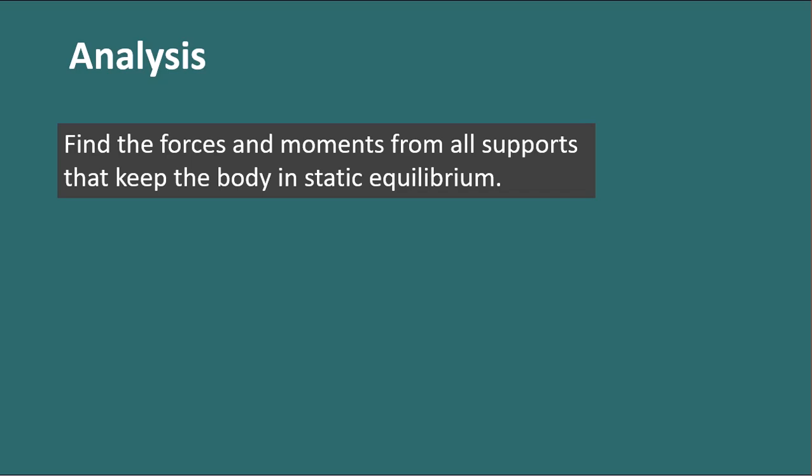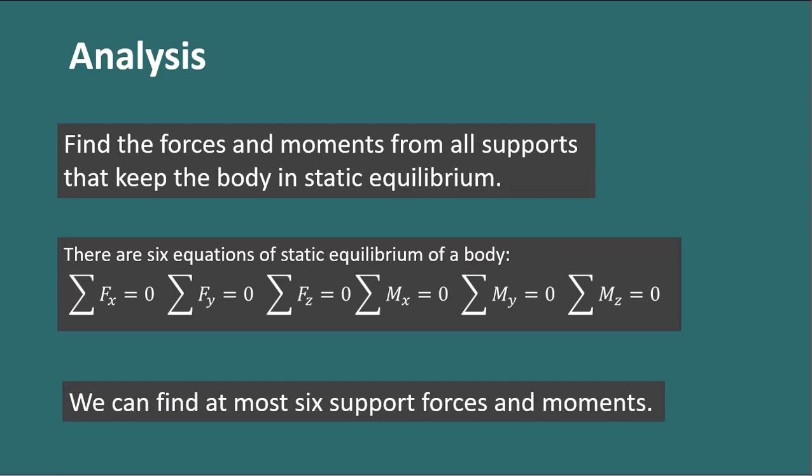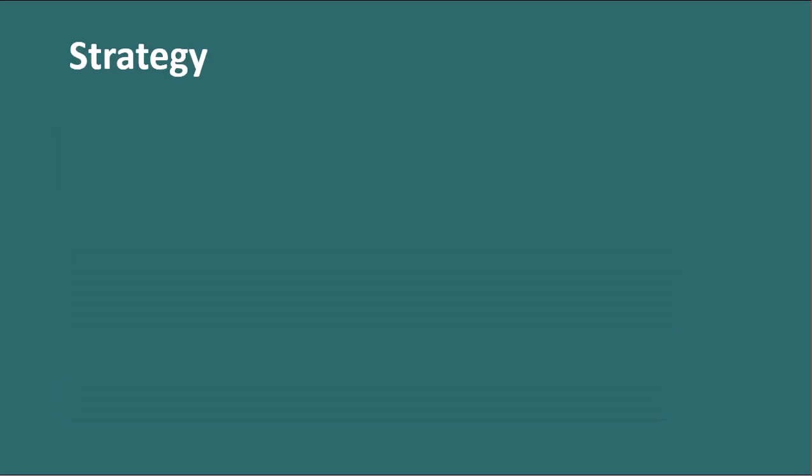Find the forces and moments from all supports that keep the body in static equilibrium. There are six equations of static equilibrium of the body. We can find at most six support forces and moments.